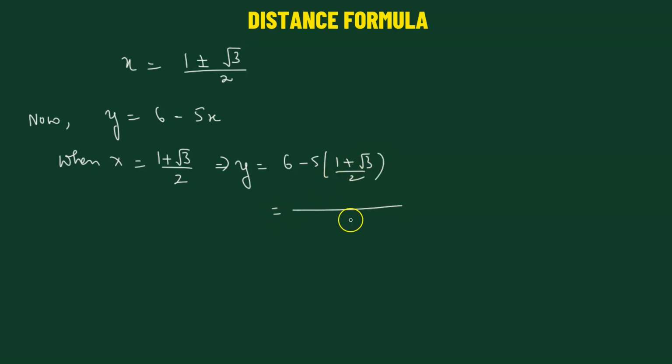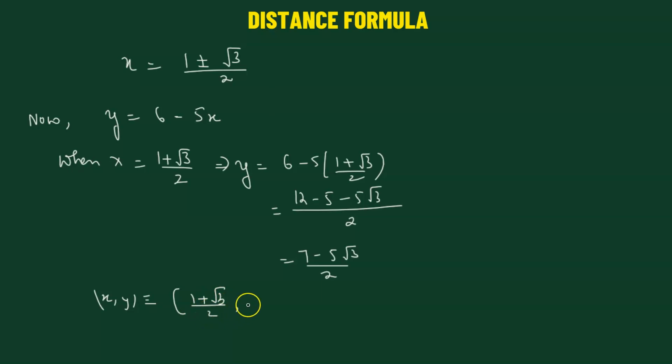So that's going to be equal to, with the common denominator 2, 12 minus 5 times square root of 3, which will be 7 minus 5 times square root of 3 over 2. So that means we have one coordinate. So we have obtained x comma y, which is 1 plus square root of 3 over 2, and then the corresponding y value is 7 minus 5 times square root of 3 over 2.